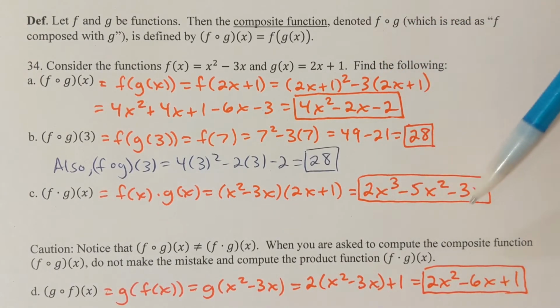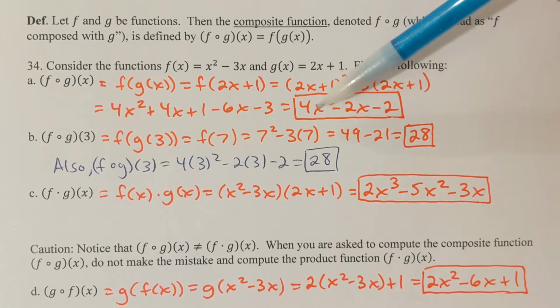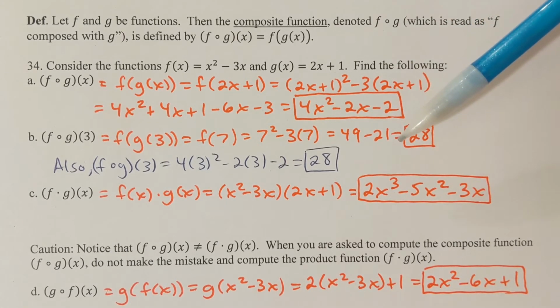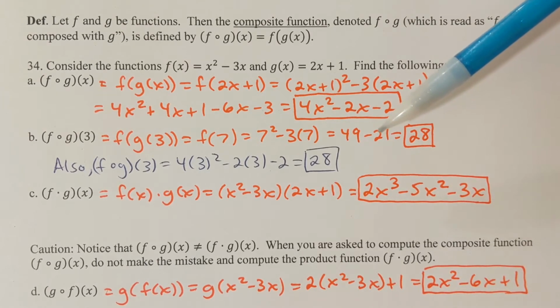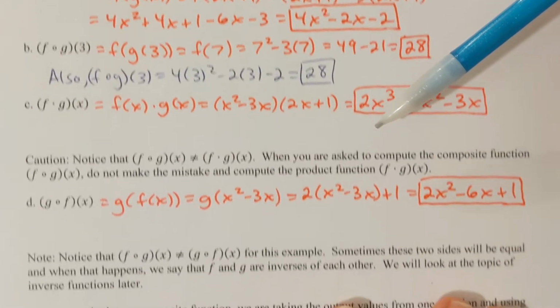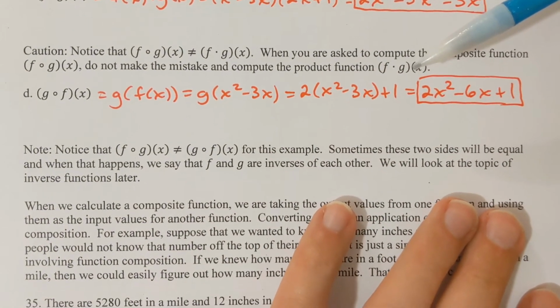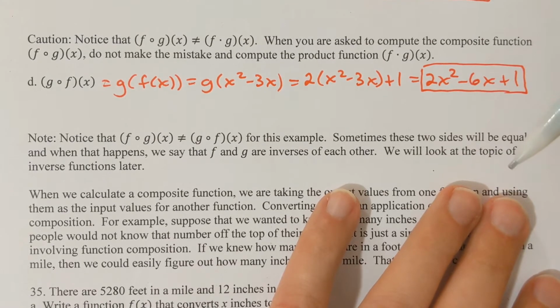Now notice how this result is not the same as this result. Okay, two totally different things. So don't make that mistake, by multiplying when you're asked to find the composite function there. All right, and there's the caution statement that I've pretty much already summarized there.